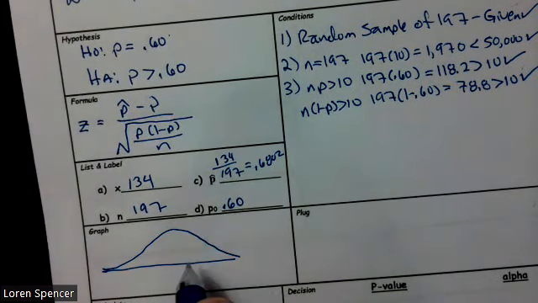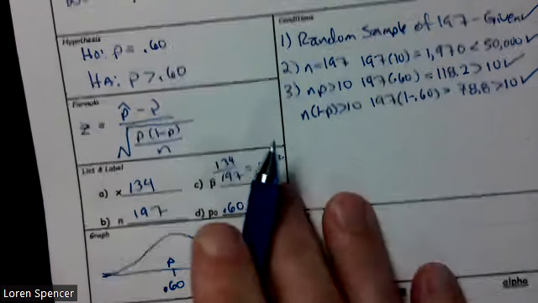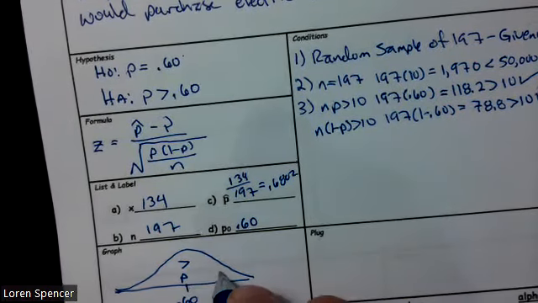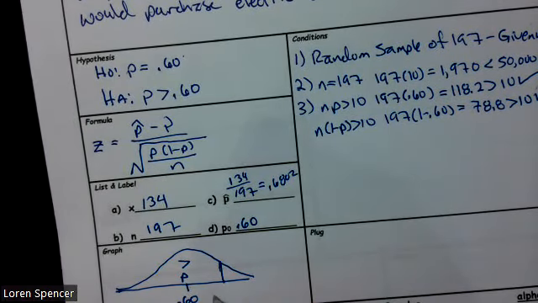All right. So if I was going to graph that, here's what I would have. We're centered upon p, and this is 0.60, and that's our p. Our alternative was greater than, so we need to note that down. And this right here is 0.6802, and we're going to shade up.